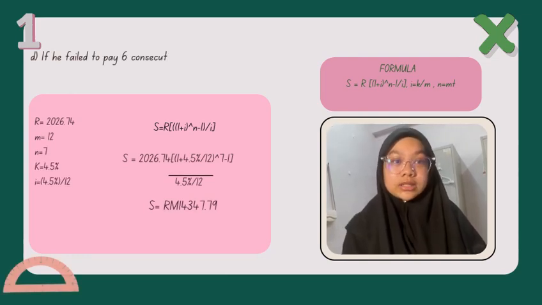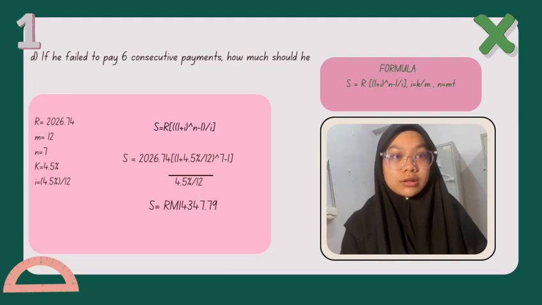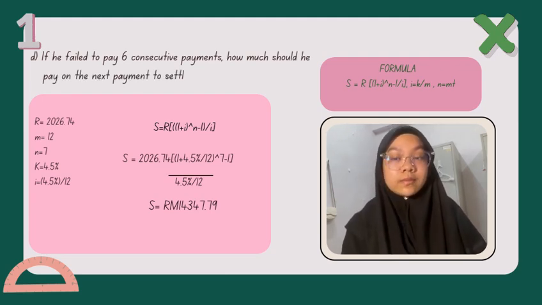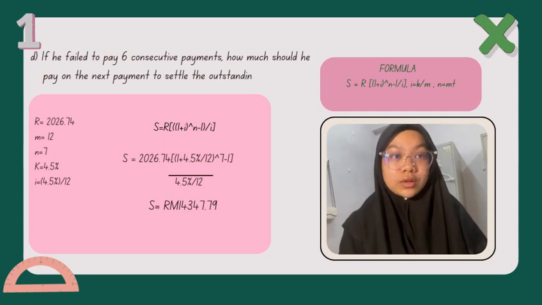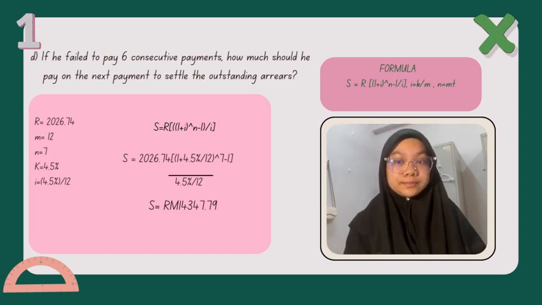So I will be starting with question 2D. If he failed to pay 6 consecutive payments, how much should he pay on the next payment to settle the outstanding arrears? So first, we need to list out the variables. R is equal to 2,026 ringgit and 74 cents. n is equal to 7 and i is equal to 4.5% over 12.